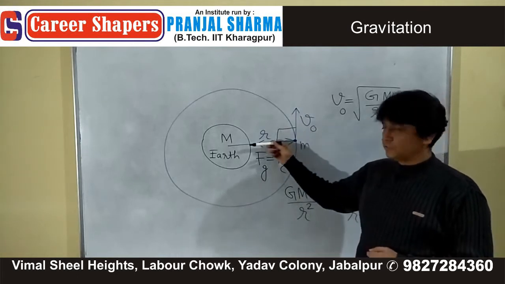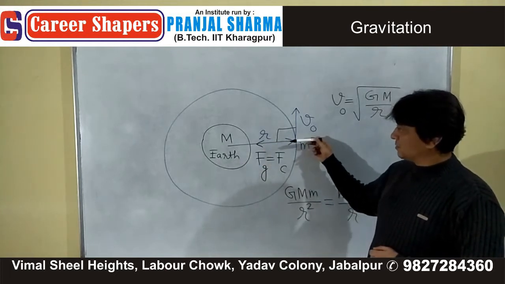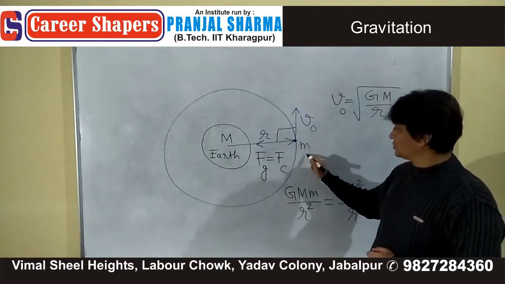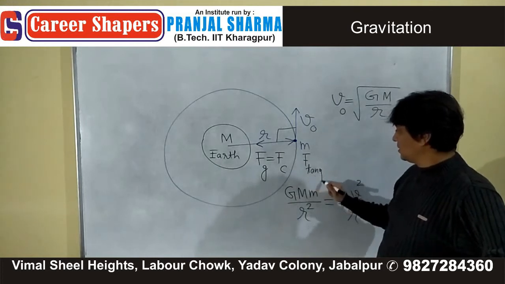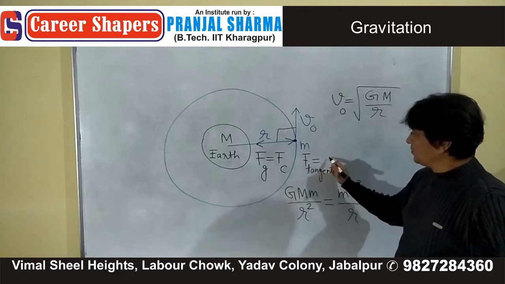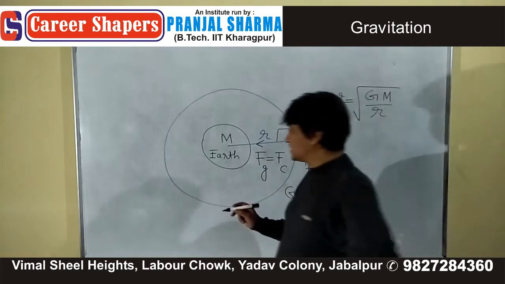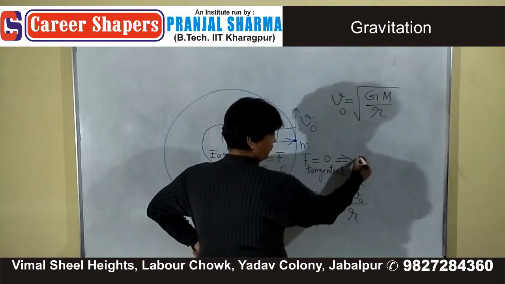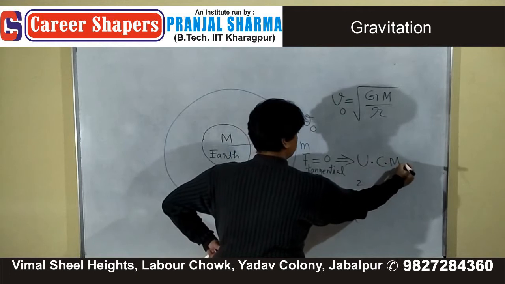All the gravitational force which Earth exerts on the satellite is providing centripetal force. F tangential is zero. Now, if F tangential is zero, it implies that we are discussing uniform circular motion.